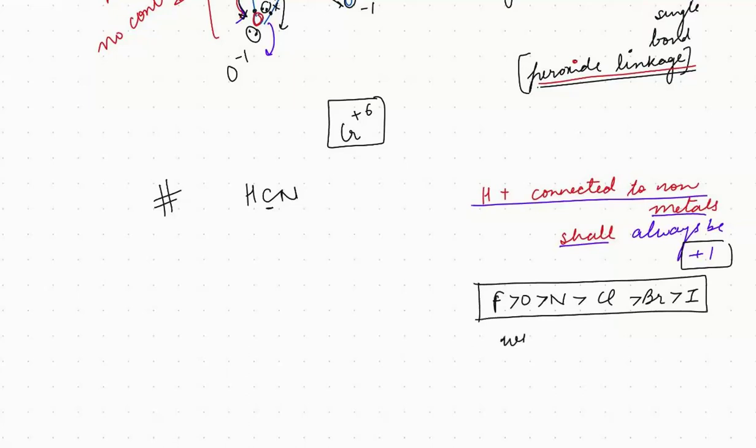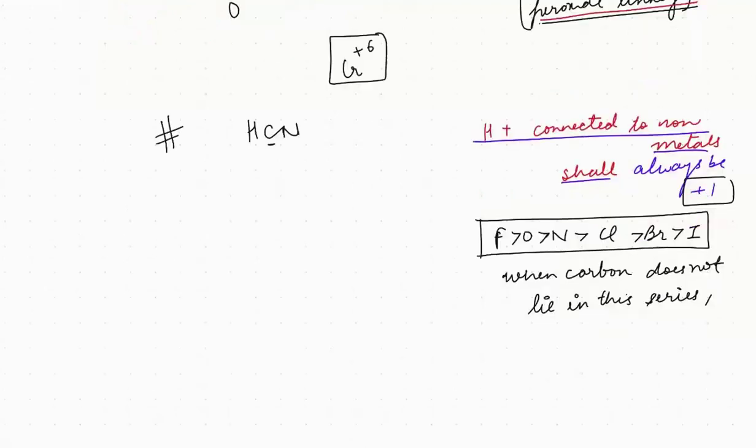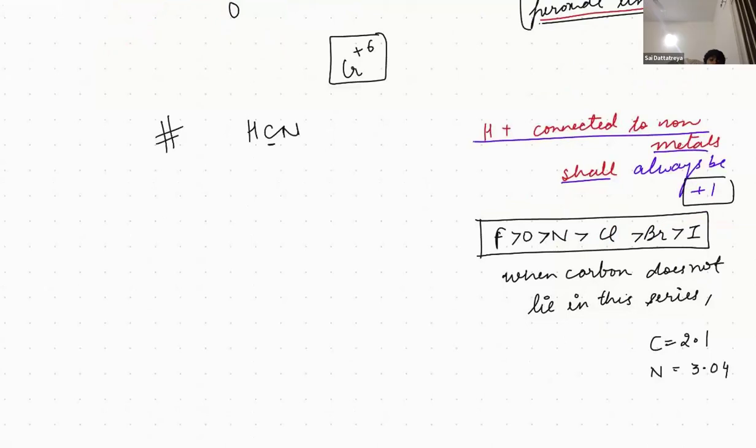So when carbon does not lie in this series, it is assumed that carbon is less electronegative than nitrogen. It is calculated also. Carbon's electronegativity is 2.1. Nitrogen's electronegativity is approximately 3.04. So all understand? Electrons go with nitrogen.